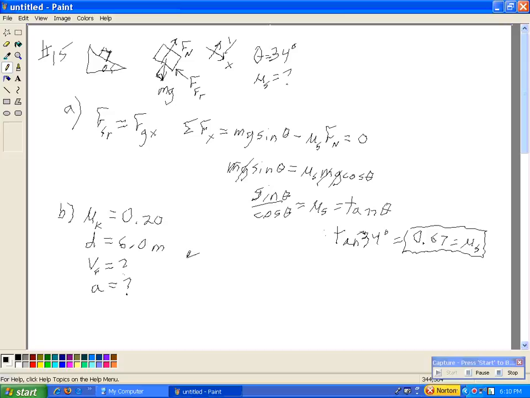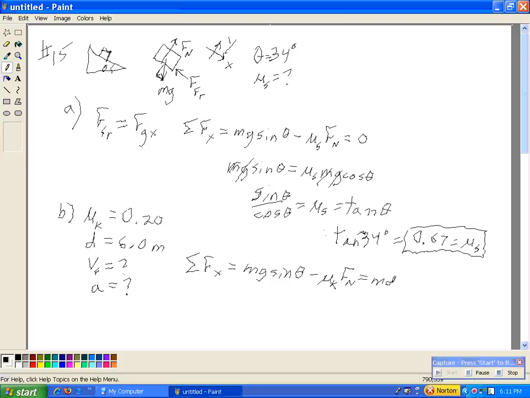Really, this is the exact same problem as part A. The difference is, for finding the acceleration, the force of gravity in the x direction minus the force of friction, we'll use the K instead of static, use kinetic, will equal ma instead of 0.